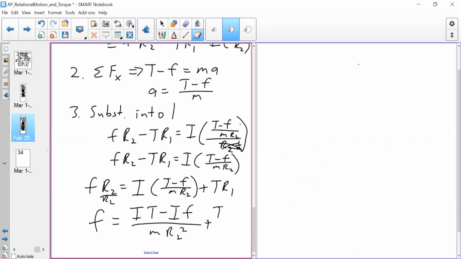Then this is TR1. The common denominator is MR2, and it's already divided by R2 again, so MR2 squared. And this is going to be multiplied by MR2 up top. Common denominator was MR2.